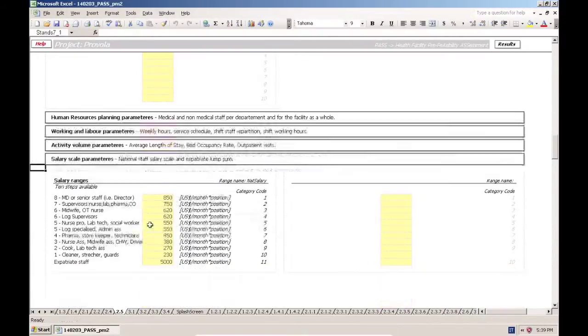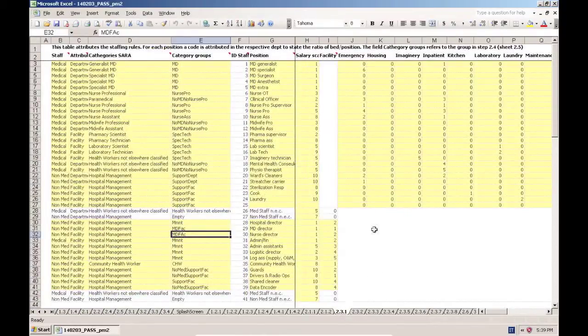Voila, you see here the codes corresponding to the levels of the salary scale. Okay, I think this is it.